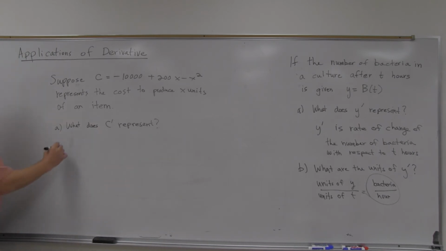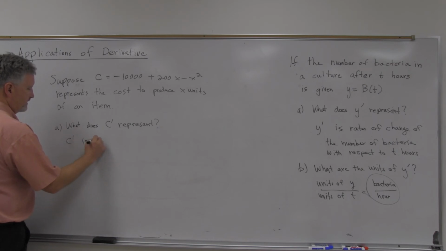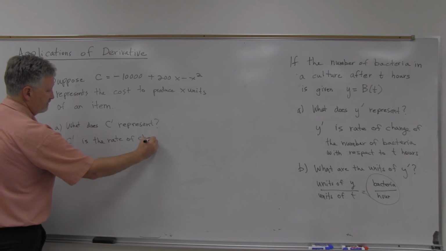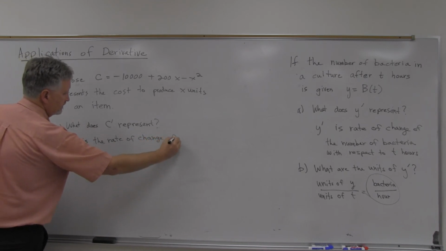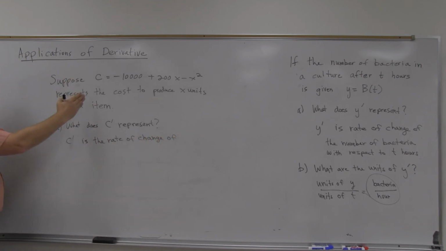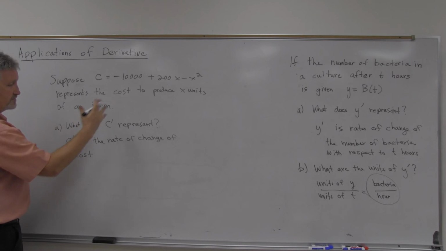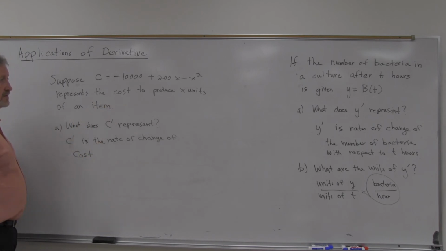And so in this case, C prime is the rate of change of our function, the cost function, so it would be the rate of change of the cost with respect to the number of x units produced.